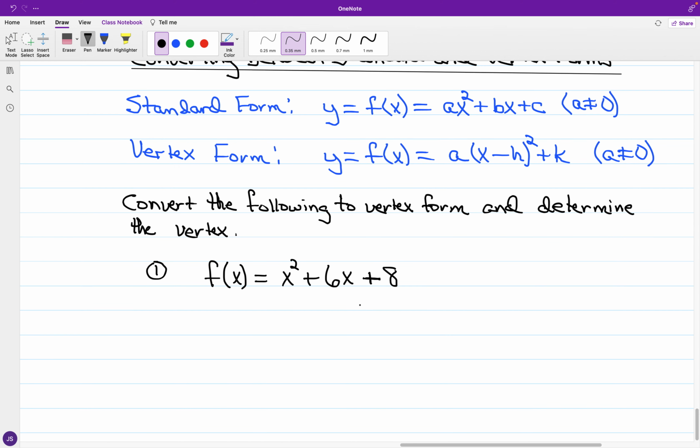Okay, now looking at converting from the standard form to its vertex form, just laying the groundwork. Again, we have f of x equal to x squared plus 6x plus 8. Again, that is the standard form.